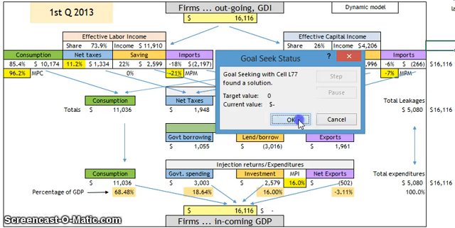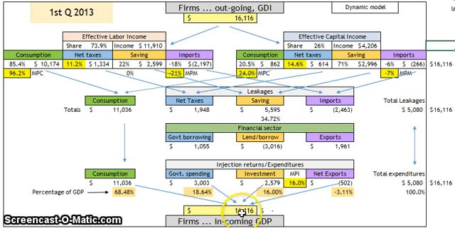So we do it. As you can see, 16.1 trillion now becomes the dynamic equilibrium of the economy, the way it's set up right now. And as this model is particularly set up right now to show that this is the effective demand limit.